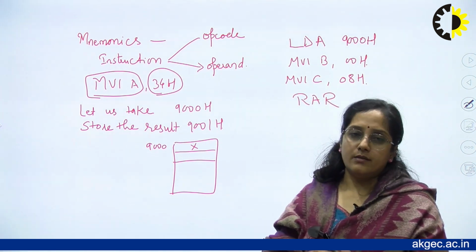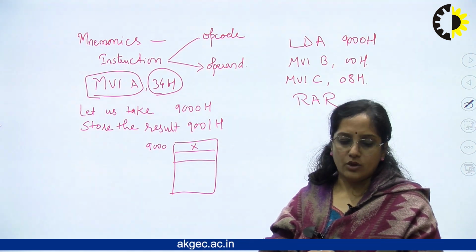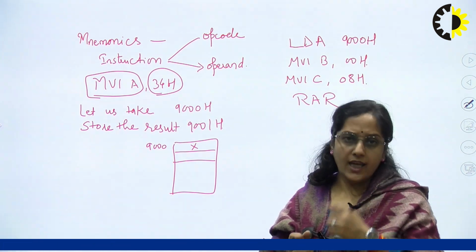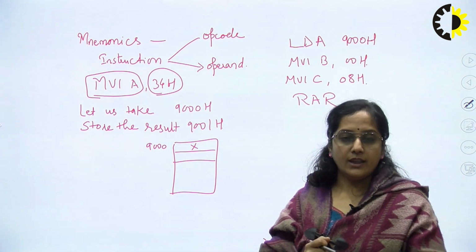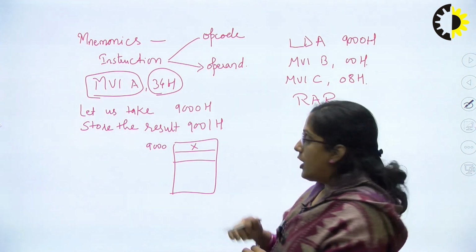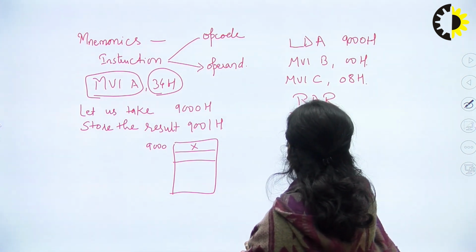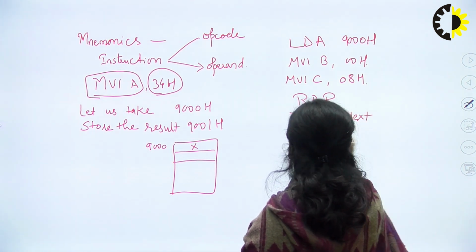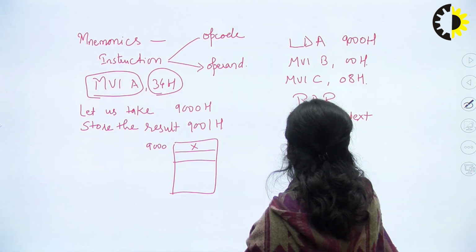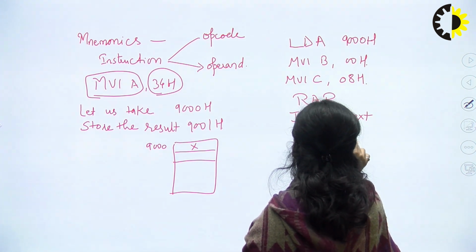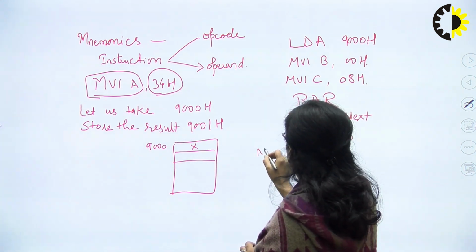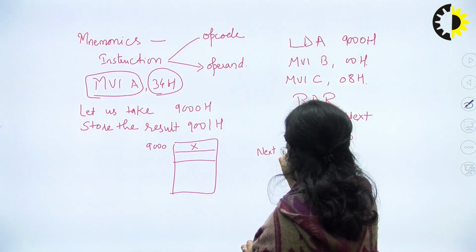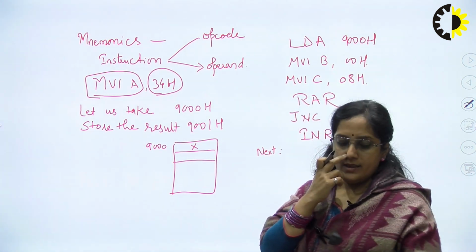So the first data bit will be in the carry flag, and now we will see whether carry is generated or not. If carry is not generated, we will jump to next, and if carry is generated, meaning carry is high, we will increment our B register.